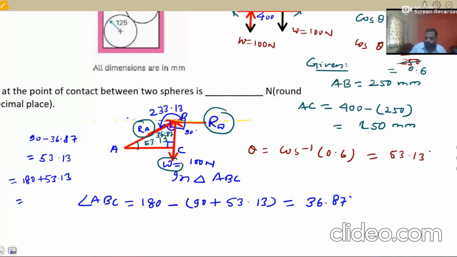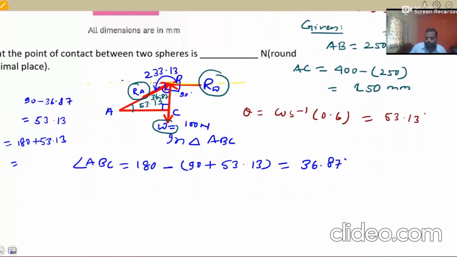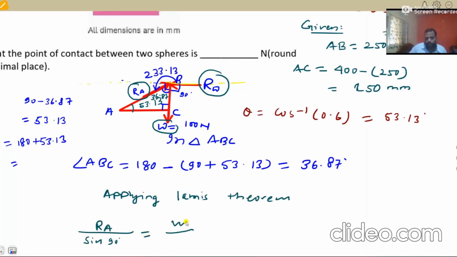Now the next step, apply Lami's theorem. For RA, the sine of the angle between the other two forces is sine 90 degrees. For W, the other two forces are RA and RW, so sine 233.13 is the angle between them.